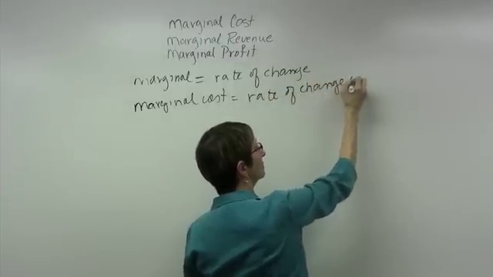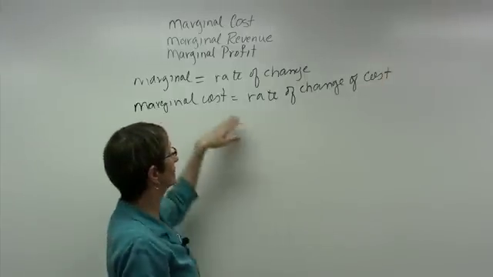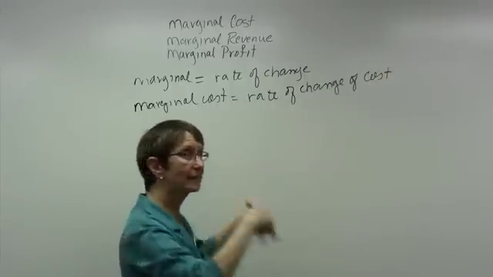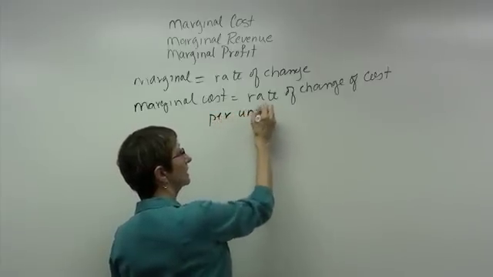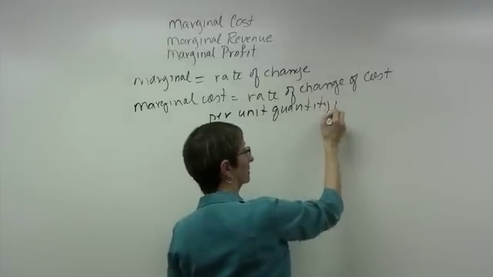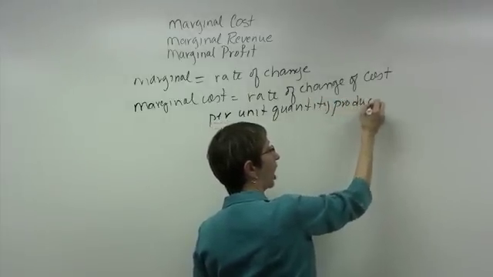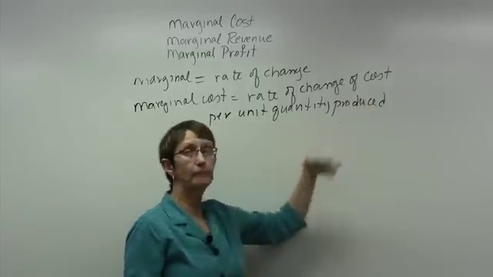Now we're very particular about rates of change. It's the rate of change of cost per unit quantity produced, because cost is part of your expenses when you make a product.